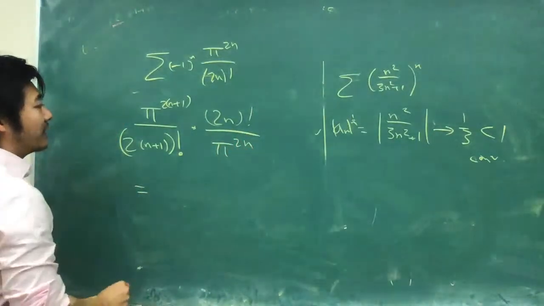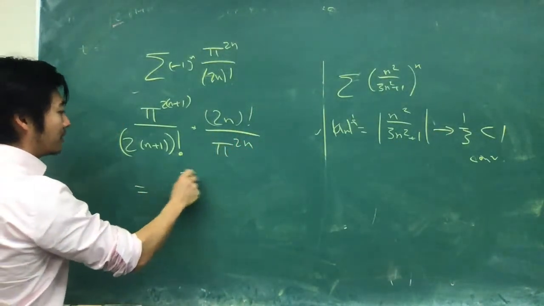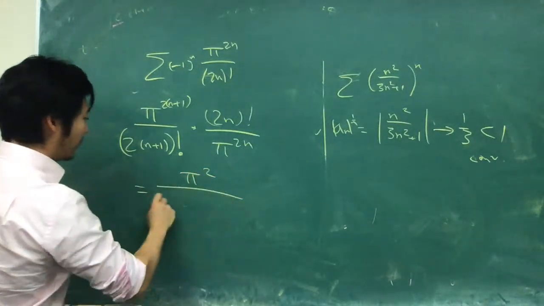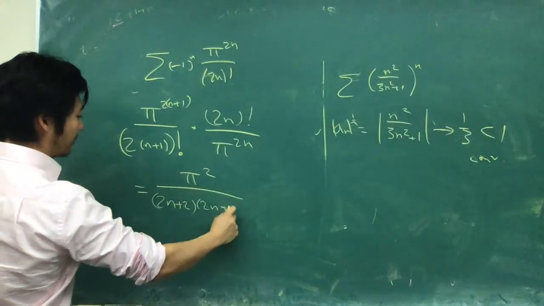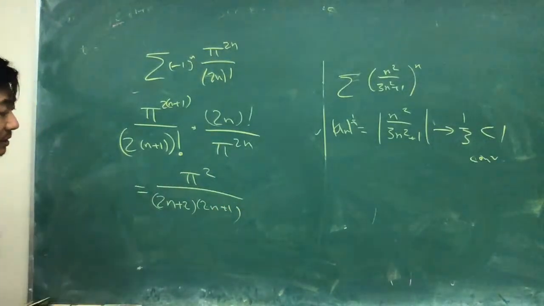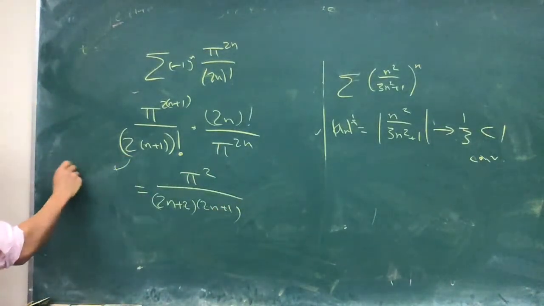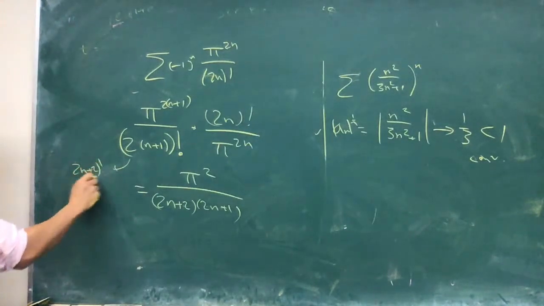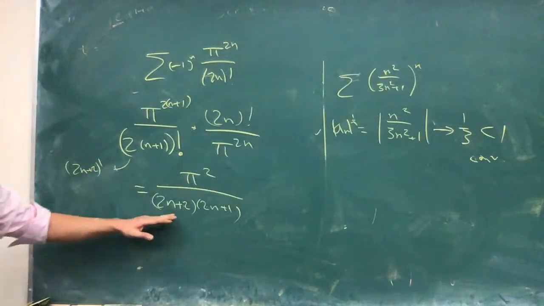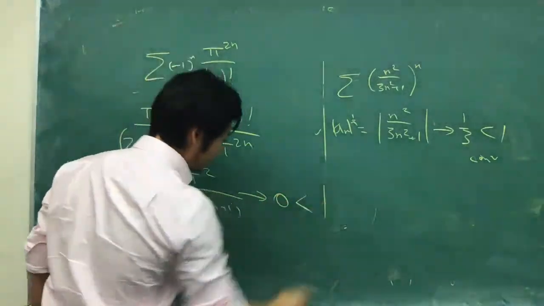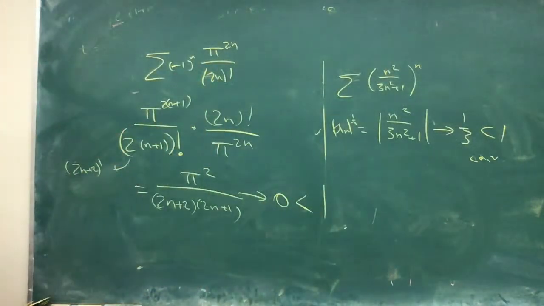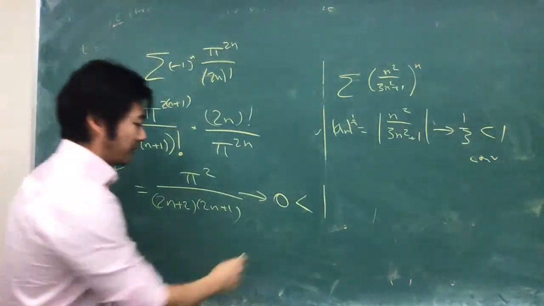So if you simplify this, you get pi squared over 2n plus 2 times 2n plus 1, because this is 2n plus 2 factorial. So the surviving terms are these guys, and then this goes to 0. So it's less than 1. Because for the ratio test, you have to make sure it's less than 1, so it's convergent.